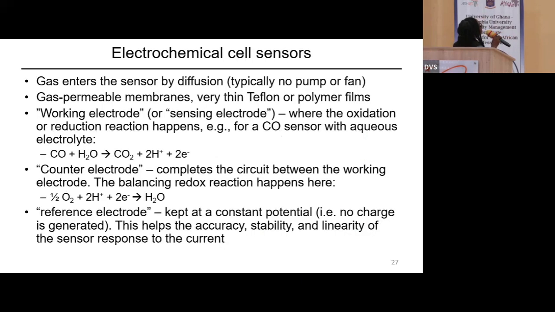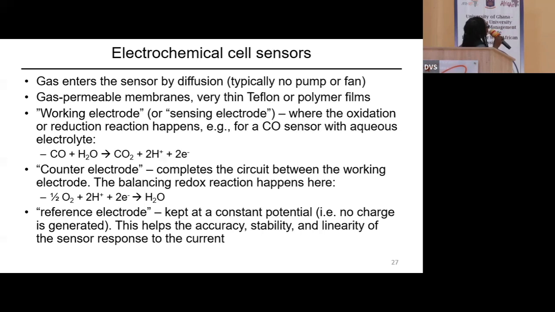Next one. So the gas enters the sensor by diffusion, through gas permeable membranes using a thin film. Then we have the working electrode, the counter electrode, and the reference electrode. The three of them play different roles. At the working electrode, the oxidation or reduction reaction happens. Taking the example of the carbon monoxide sensor with aqueous electrolyte, that reaction shows what happens.